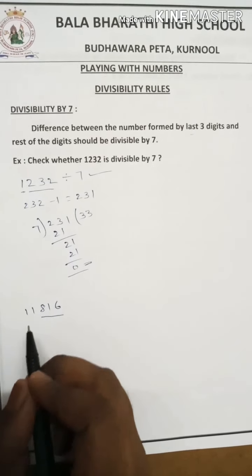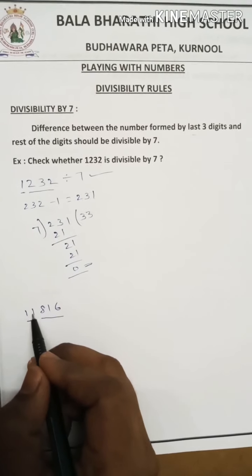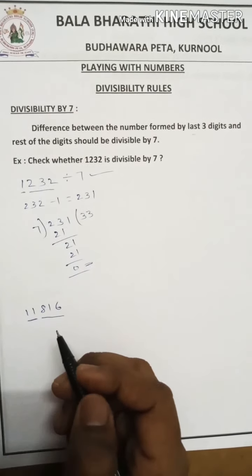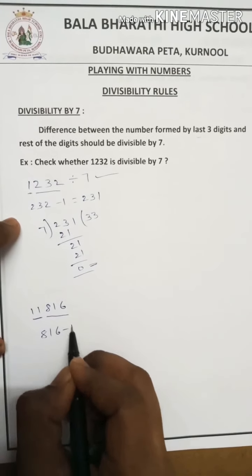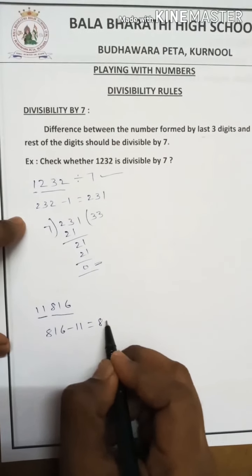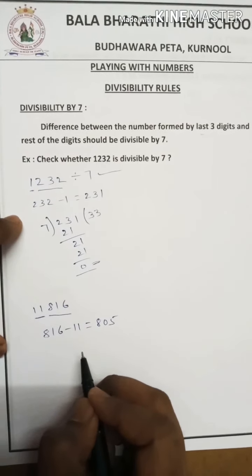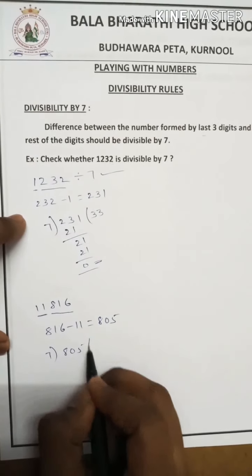And what are the remaining digits we have? 11, right? Now subtract this 11 from 816. Let us do it. 816 minus 11. What is 816 minus 11? 805, right?